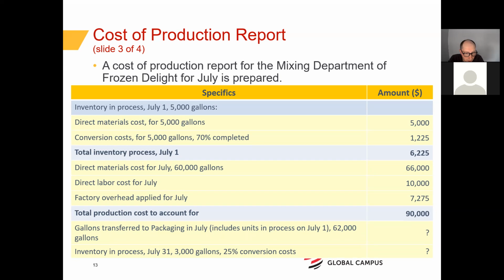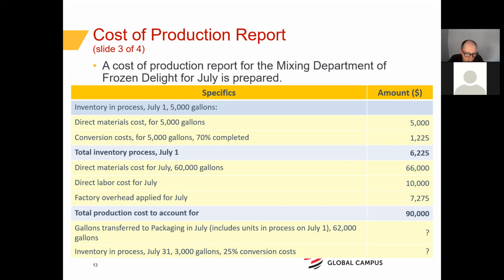We then, throughout the month of July, account for additional direct materials brought into the mixing department. In our example, 60,000 gallons. We account for the amount of direct labor we've incurred for the month of July. In this example, $10,000. We account for the amount of factory overhead we have applied to the mixing department for the month of July, $7,275.